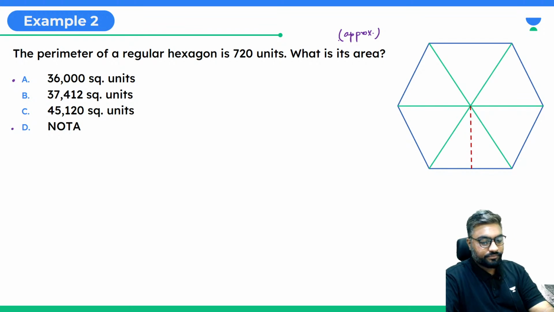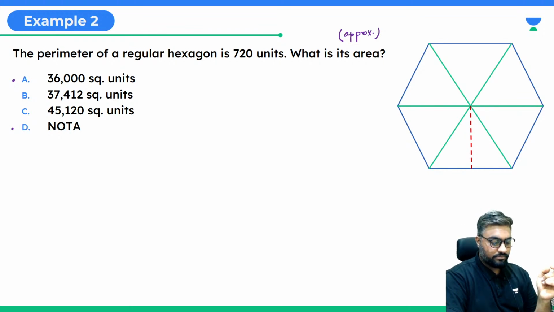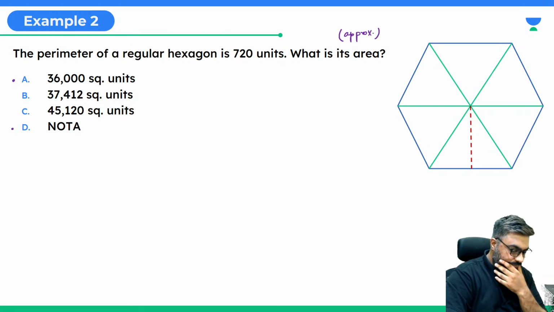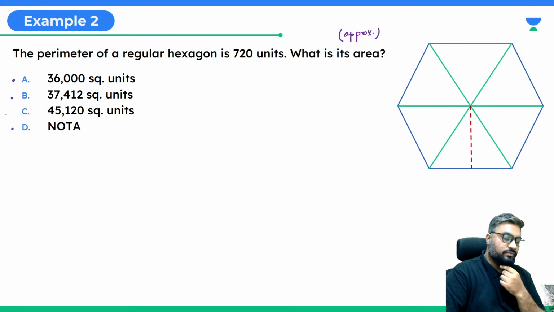Okay. Pragya says B, 37,412. We need an approximated answer.